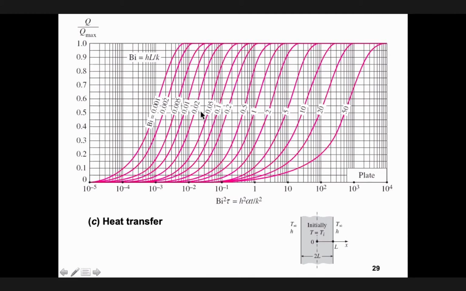Based on the Biot number, you can find this value, okay? Therefore, now you have this figure for a plane wall, this figure for cylindrical coordinates, and this figure for spherical coordinates. The procedure for all of them is the same, okay? Therefore, we can calculate the temperature at the center, the temperature at any point, and how much energy has been transferred over a period of time delta T, okay?